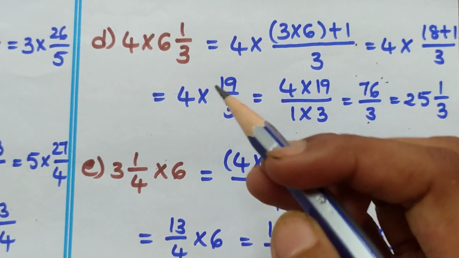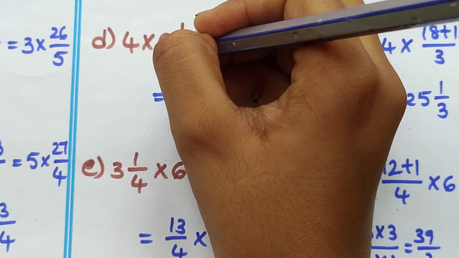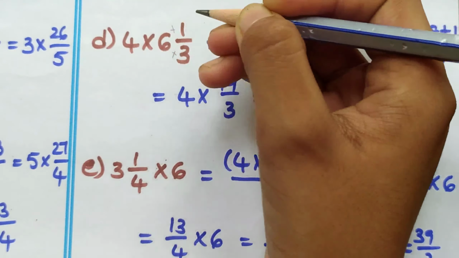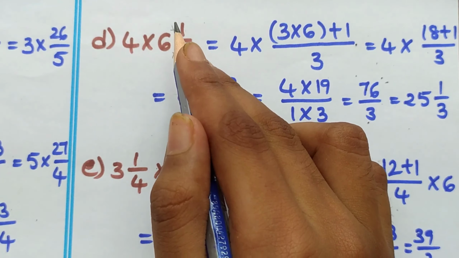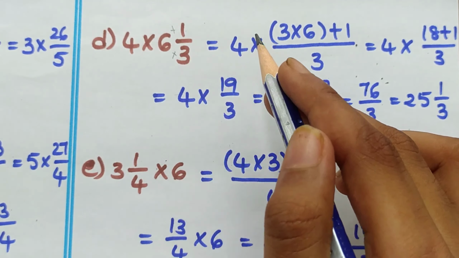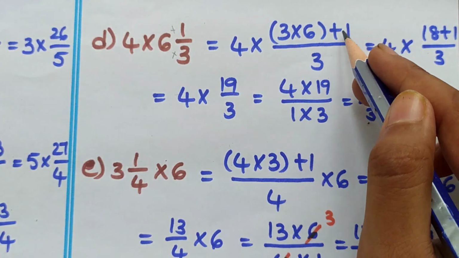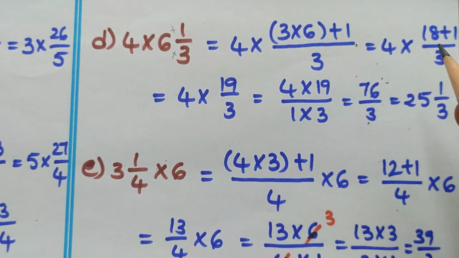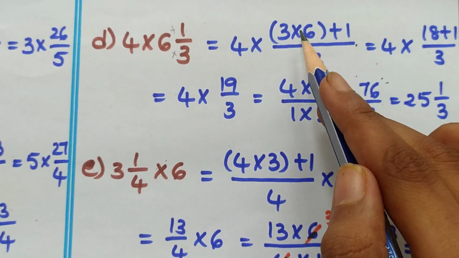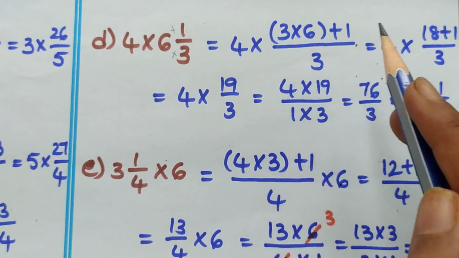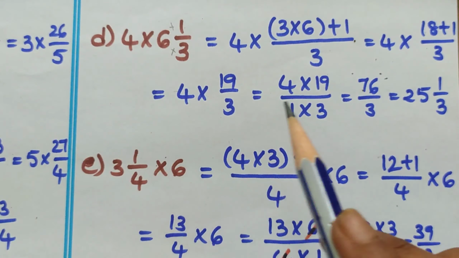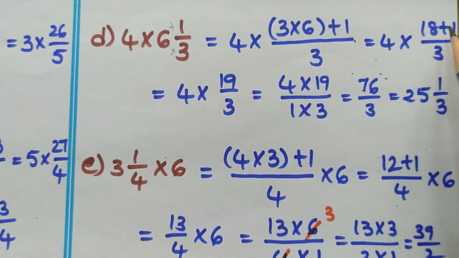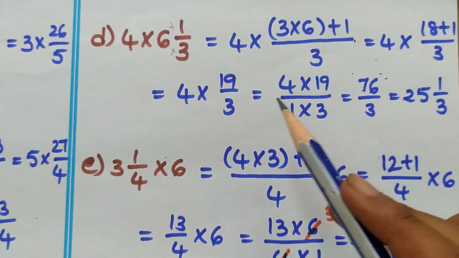So let's convert. 3 into 6 plus 1 by 3. 4 into 3 into 6 plus 1 by 3. 4 into 3 into 6, 3 6s are 18 plus 1 by 3. 4 into 18 plus 1 is 19 by 3.